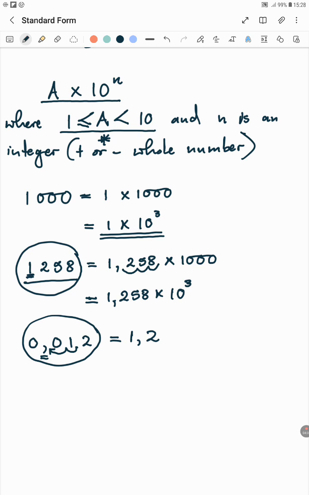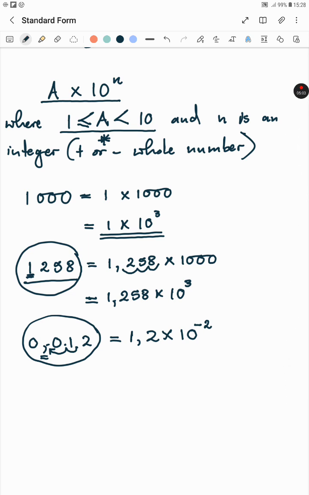So if its original position is to the left of where we have placed the comma now, it means our power for this 10 is going to be negative. And it's going to be negative how many? 1, 2. Because it's moving 2 times to the left to go back to its original position, which means this becomes 10 to the power minus 2.